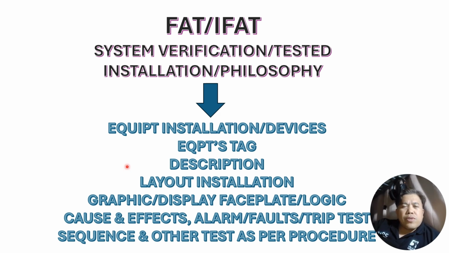We have cause and effects for our instrumentation, fire and gas instrumentation, alarm, fault, trip test, sequence, and other tests as per procedure and philosophy. All right, and our vendors are helping you to proceed with all of this testing.